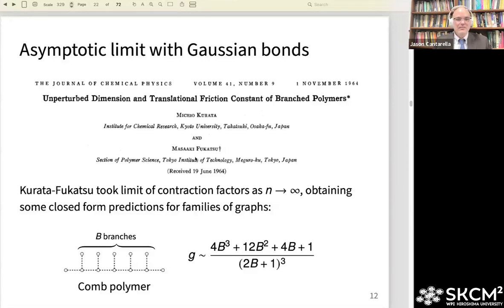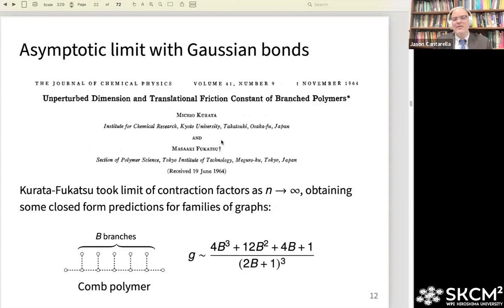So they did a number of structures, but the one that I want to talk about just as an example is this comb polymer. It has B branches, plus 2 additional ends and a main chain. And I've dotted the edges here to indicate that we're thinking of these as very long chains of monomers. And we see that the limiting factor is this polynomial expression involving just the number of branches.